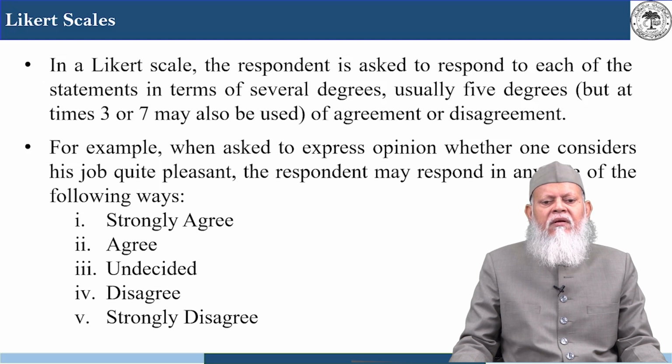For example, when asked to express an opinion on whether he or she considers the job quite pleasant, the respondent may respond in any one of the following ways: strongly agree, agree, remain undecided, disagree, or strongly disagree.